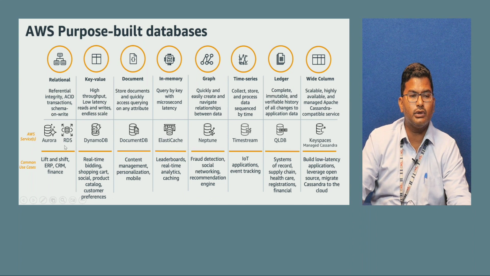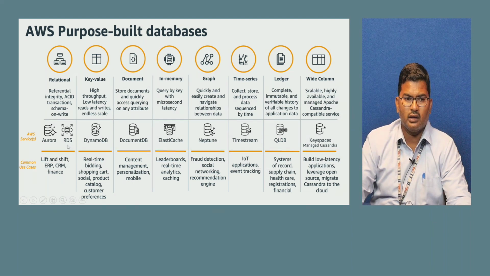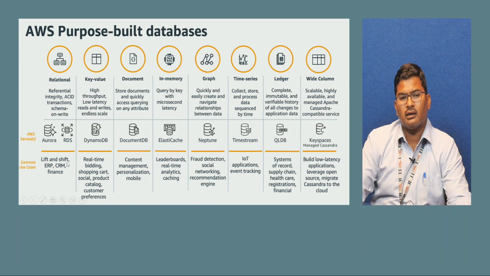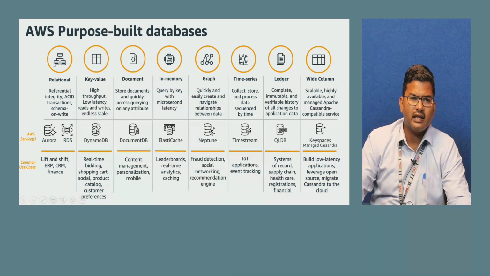We can create an EC2 and connect that with the RDS in the form of MySQL, or MariaDB, or in the form of Aurora. It's a combination of PostgreSQL and MySQL. The use cases are lift and shift as well as ERP or customer relationship management, CRMs, finance. For all these, relational databases are going to be maintained.